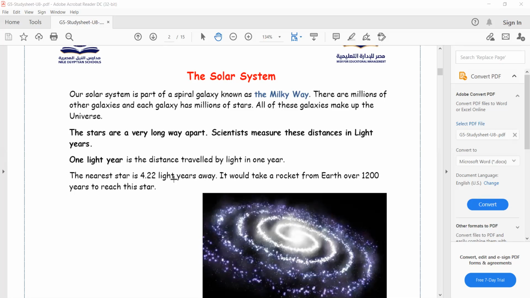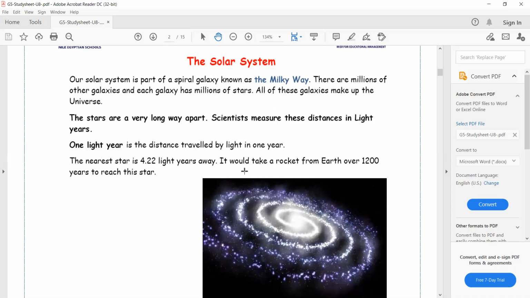That means the light from the second nearest star to us after the sun reaches us after 4.22 years. So the light from this star takes 4.22 years to reach the Earth, which is a huge distance.